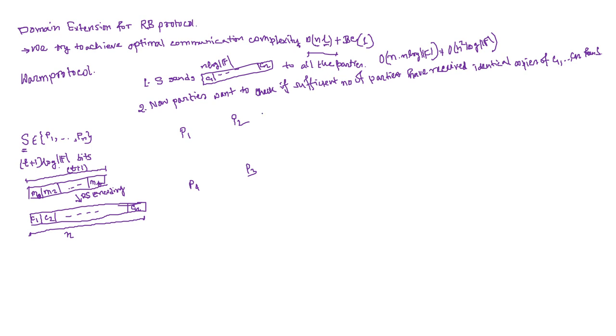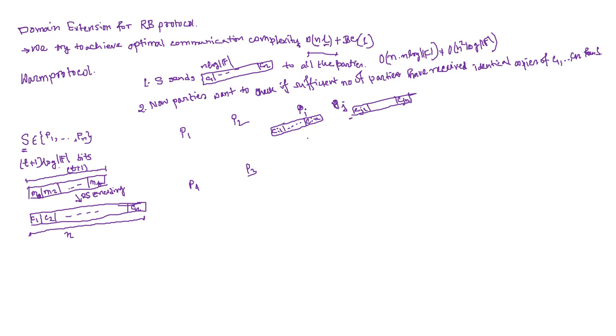So what we do, we reduce this bit complexity by doing a clever trick: each pair of parties, say Pi and Pj, will exchange to each other just 2 values, right? So Pi has its own copy, let's denote it with Ci1 to Cin, right? And Pj also has its own local copy, namely Cj1 to Cjn.